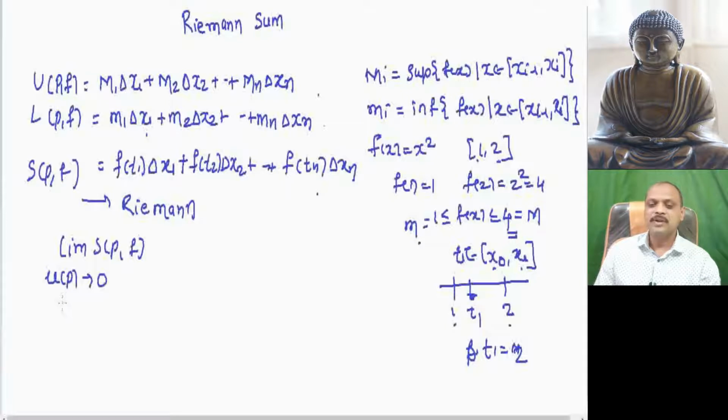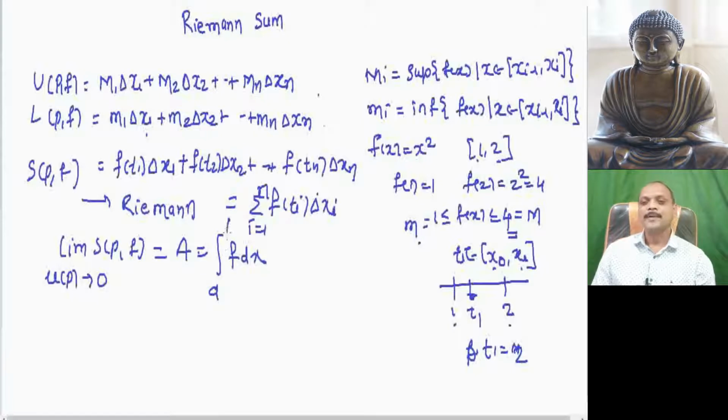If this limit exists, let us call it A, and we denote it as the summation of f of ti into delta xi, i varies from 1 to n. Then this is called the Riemann integration of this function. So this is the basic difference between the upper sum, lower sum and a Riemann sum.